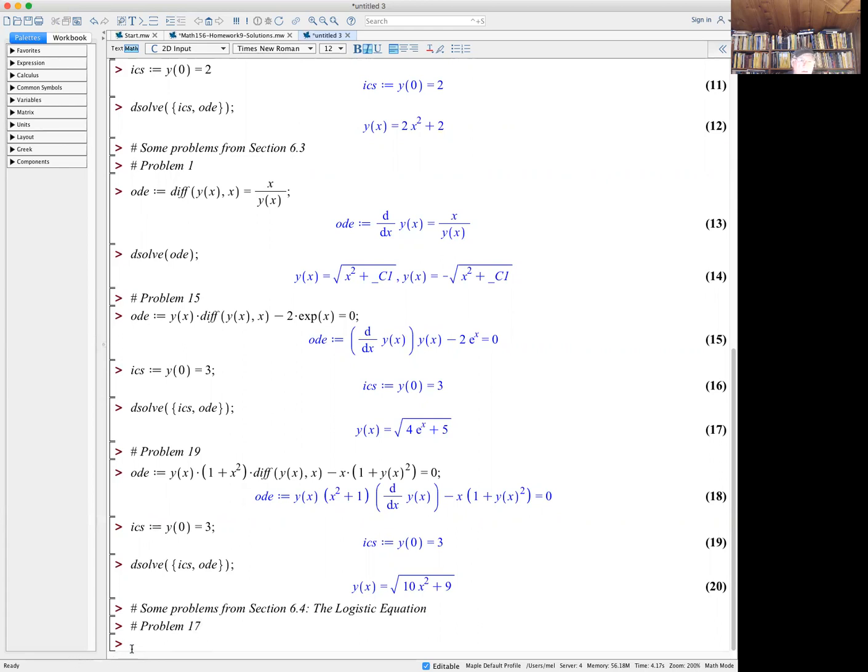So our ordinary differential equation in problem 17 is dy dt. So differentiate y of t with respect to t, dy dt equals y, we have to write y of t, times 1 minus y over 36.